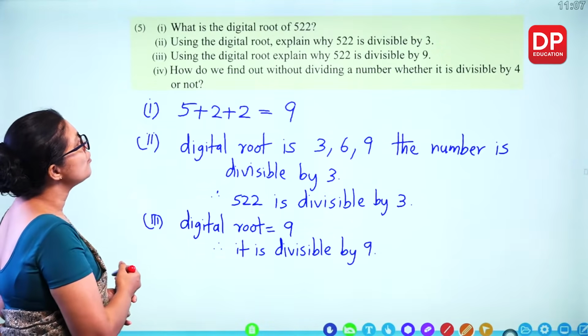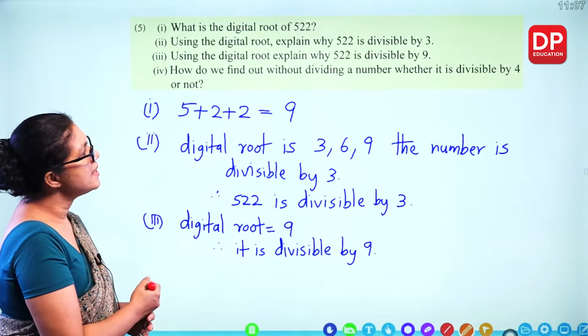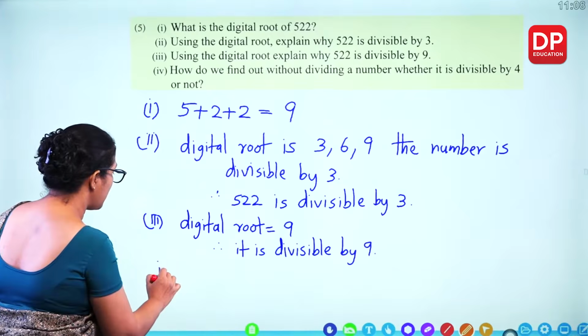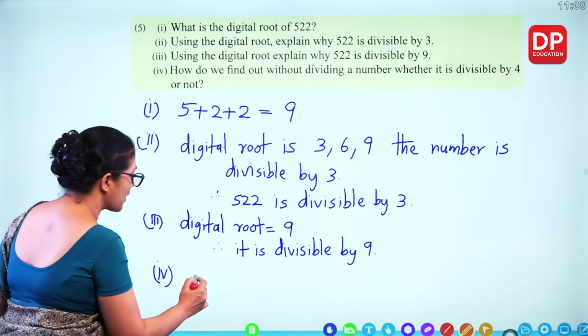How do we find out without dividing a number whether it is divisible by 4 or not? You check the last 2 digits.